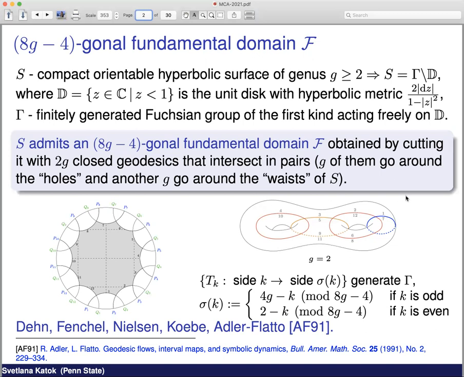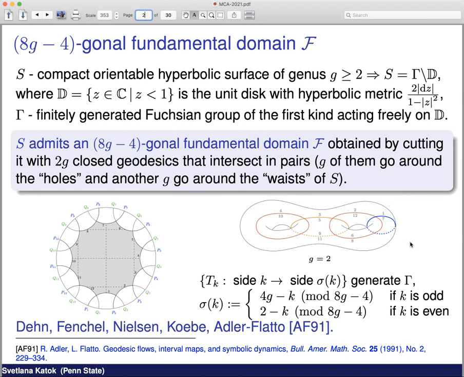Topologically, it's actually very simple to see how you get exactly 8G-4, because all you need to do is to cut the surface with 2G geodesics that intersect in pairs. It's a necklace, sometimes called, and G of them go around the holes. There are G holes, and G go around the waists.